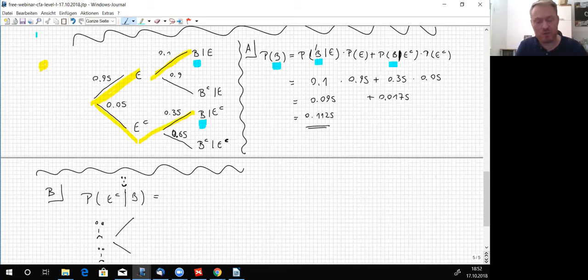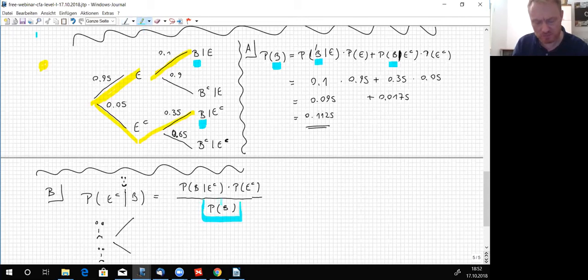And we'll do this here. Bayes' formula says we change the ways: B given EC, the complement of E, multiplied by the event being in front, dividing by the event being at the end. And now, this is important.